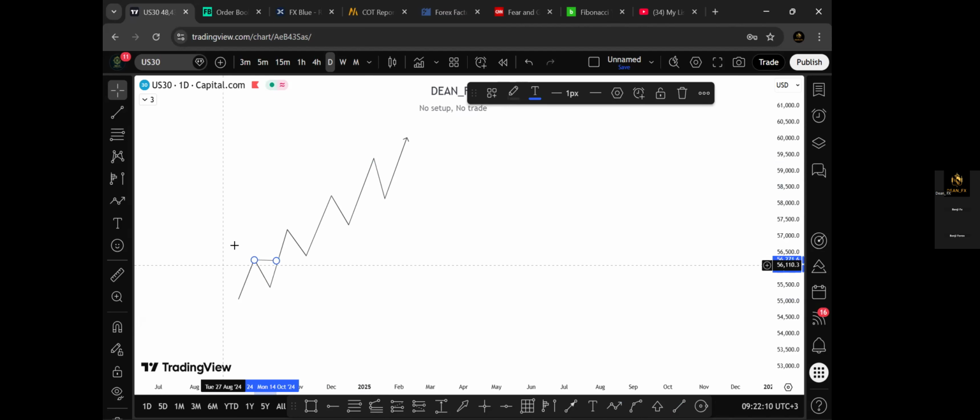As the market is creating higher high, higher low, higher high, higher low.